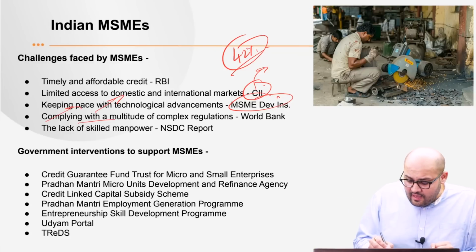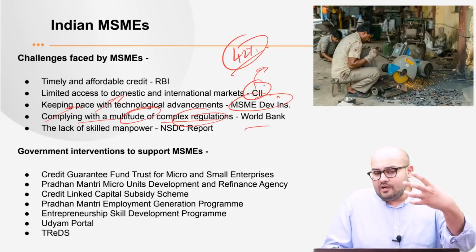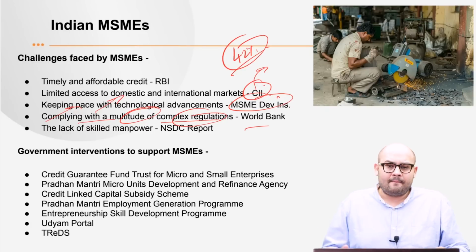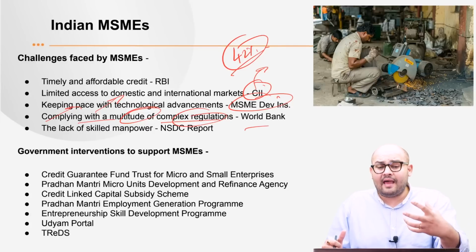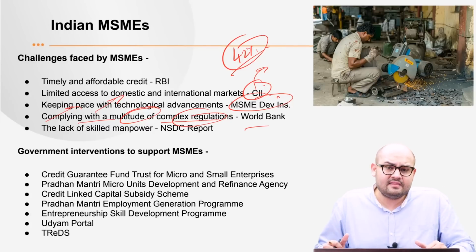Next is complying with a multitude of complex regulations. Now, what the World Bank says is that these MSMEs have limited resources. In addition, they have to comply with a lot of regulations, a lot of rules which are given by the government.